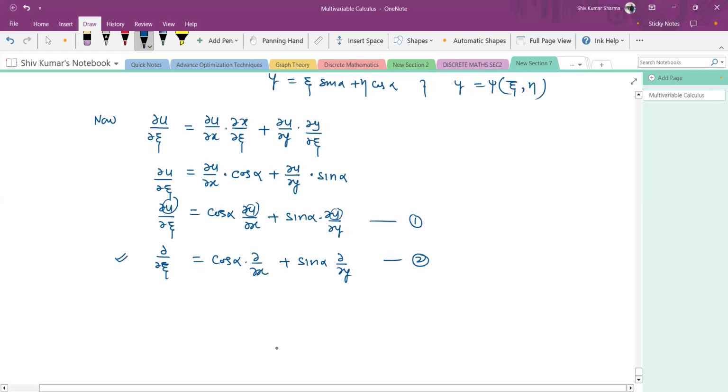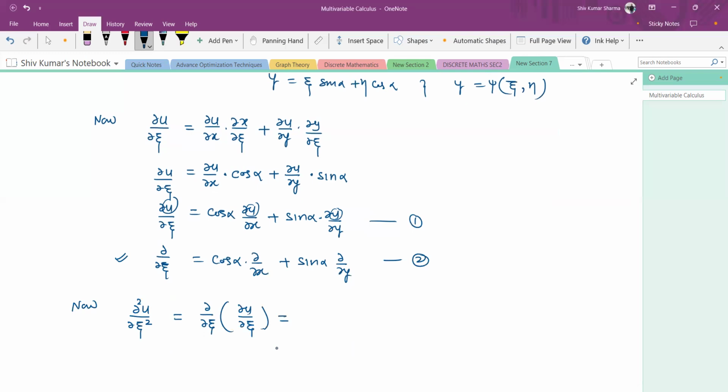Now, when we obtain the second derivative, we write ∂²u/∂ξ². This we can write as ∂/∂ξ into ∂u/∂ξ. For ∂/∂ξ, here we use equations 1 and 2: cos α ∂/∂x plus sin α ∂/∂y, into ∂u/∂ξ.